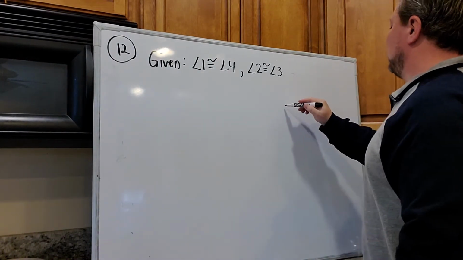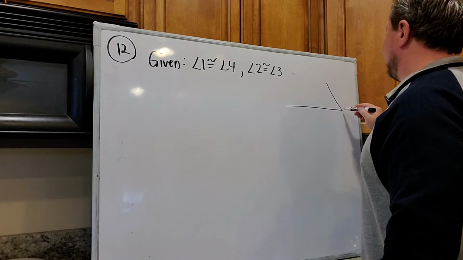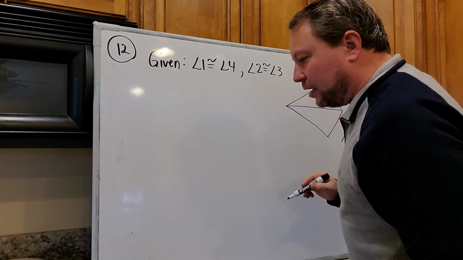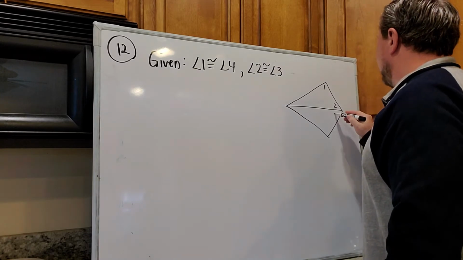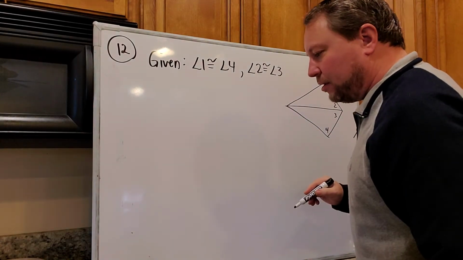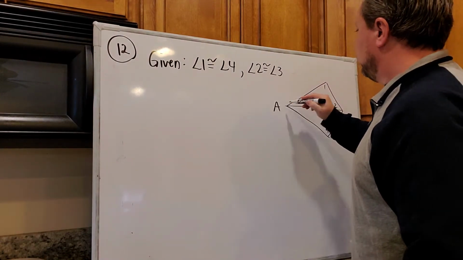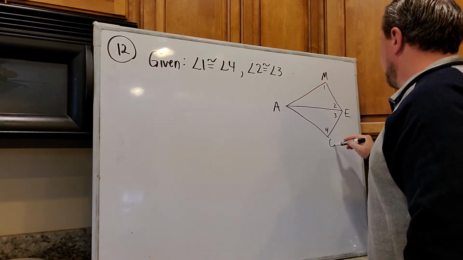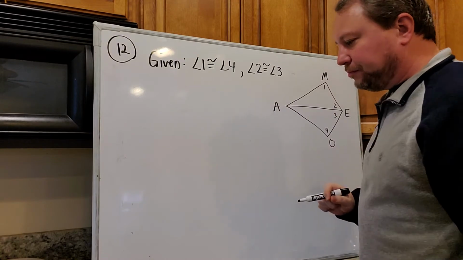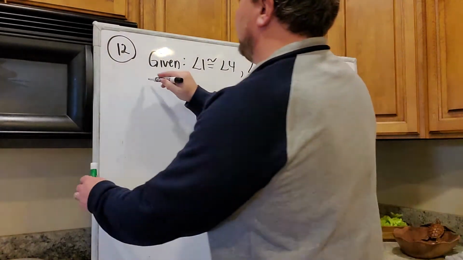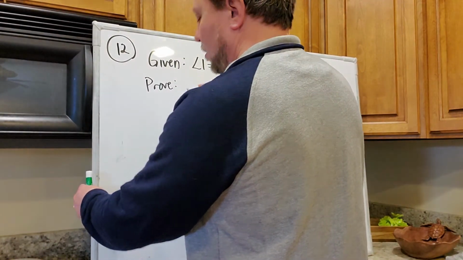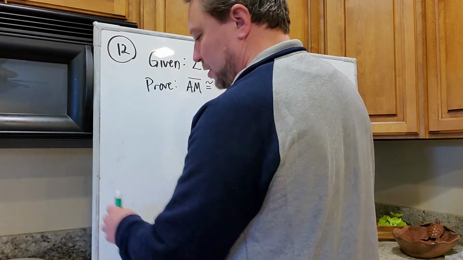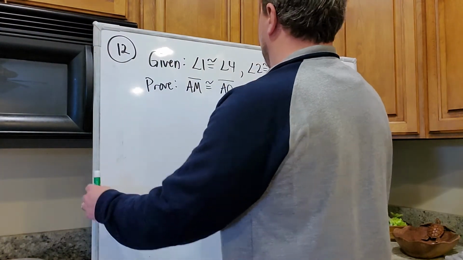The picture kind of looks like this. You got angles 1, 2, 3, and 4. And the vertices are labeled A, M, E, and O. We're trying to prove that side AM is congruent to side AO.